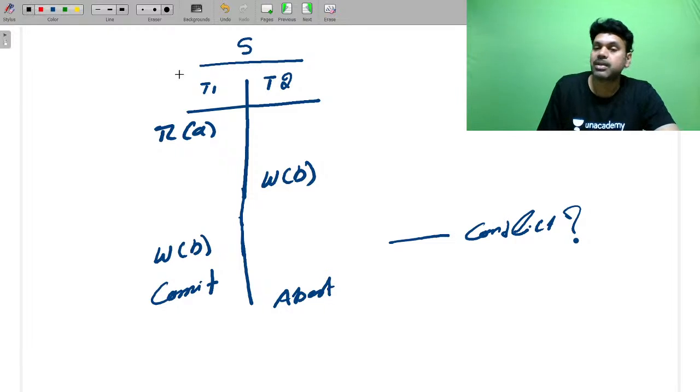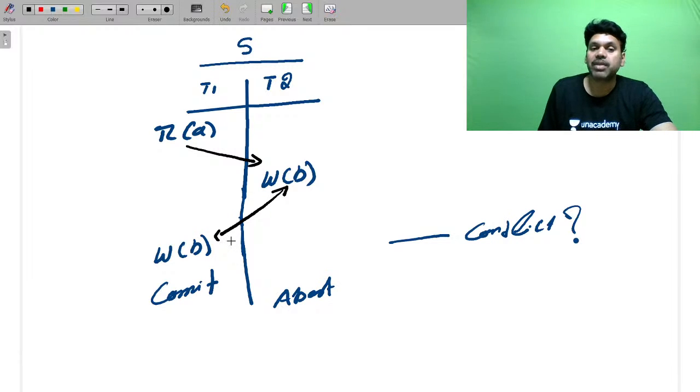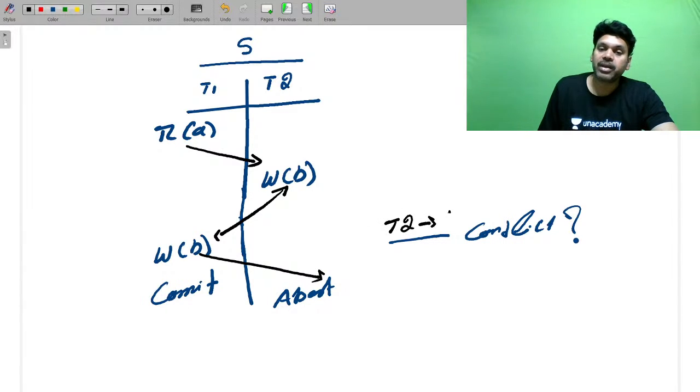The answer: R of A to W of B, the object is different, so I cannot say that it is a conflict. W of B, W of B, there is a conflict. So we come to know that here to here there is a conflict. Then after that, there are no other actions below this particular action. So we come to know that there is a conflict from transaction T2 to transaction T1. The conflict is a WW on object B.